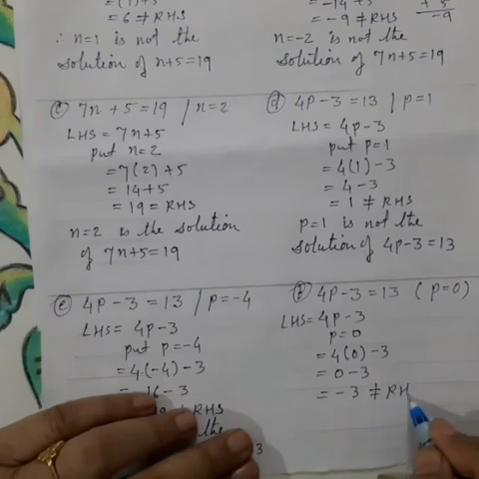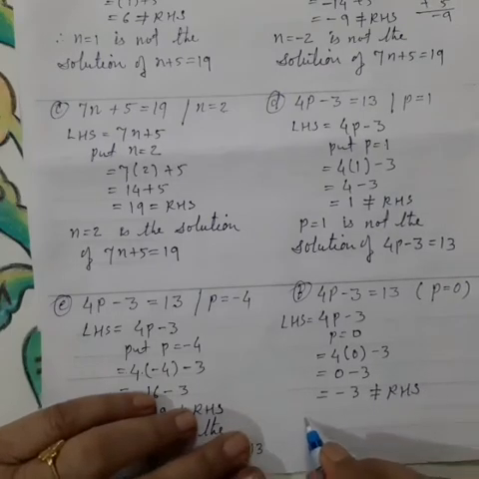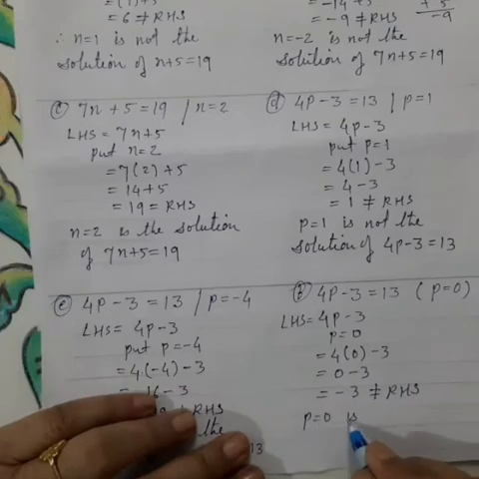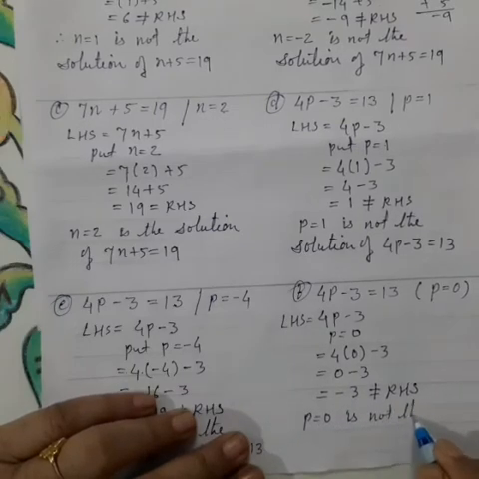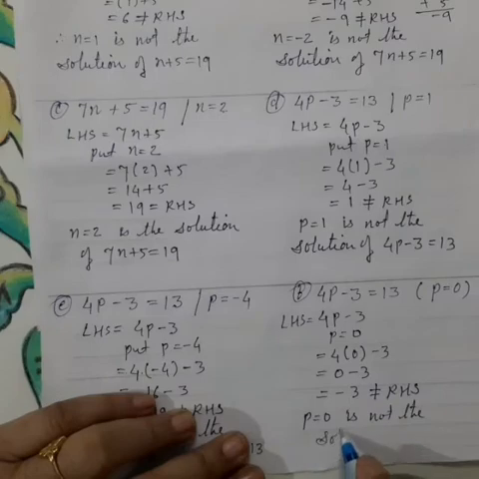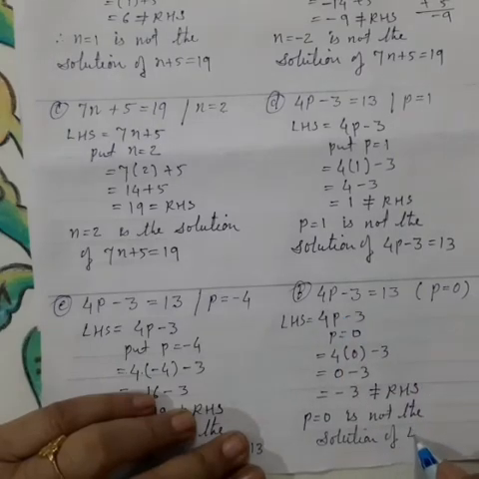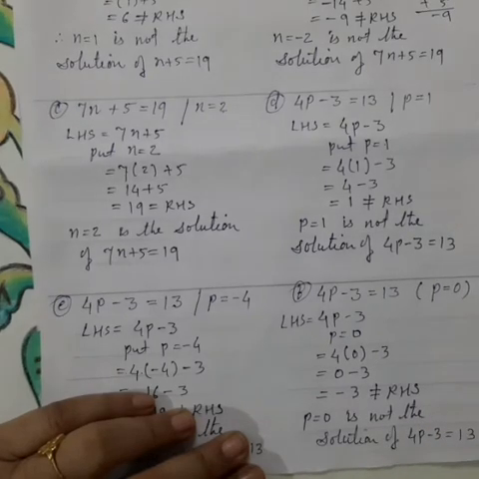So it is not equal to our right hand side. So p equal to 0 is not the solution of this, 4p minus 3 equal to 13.